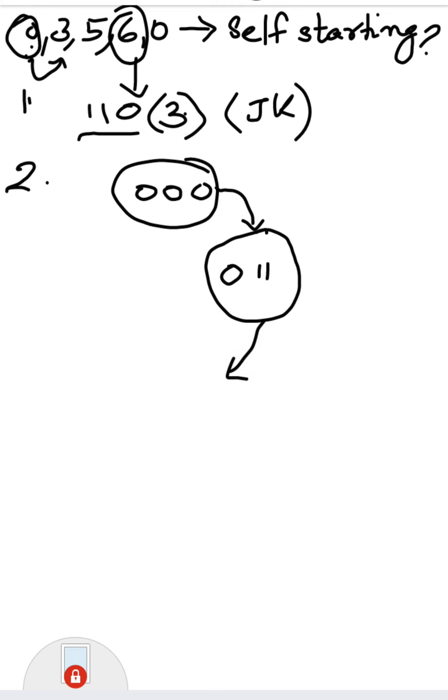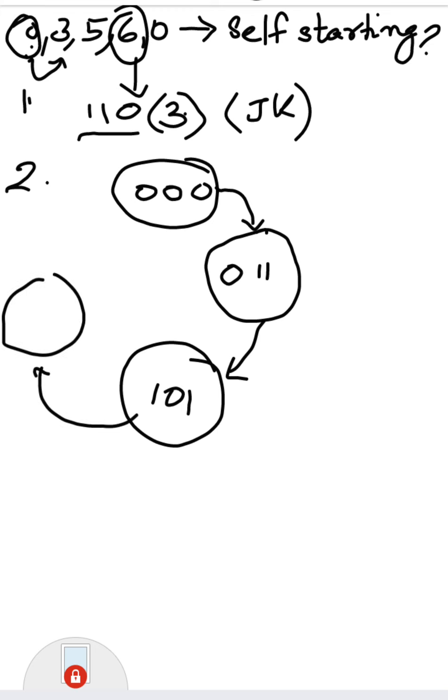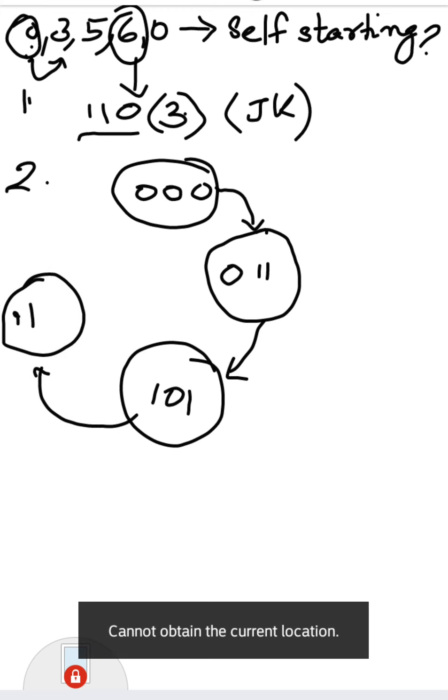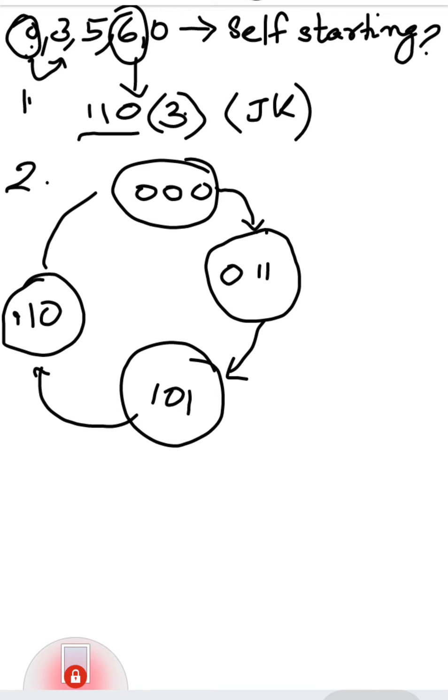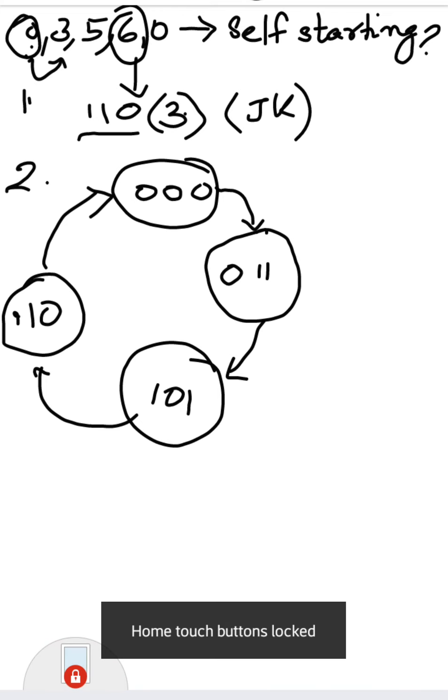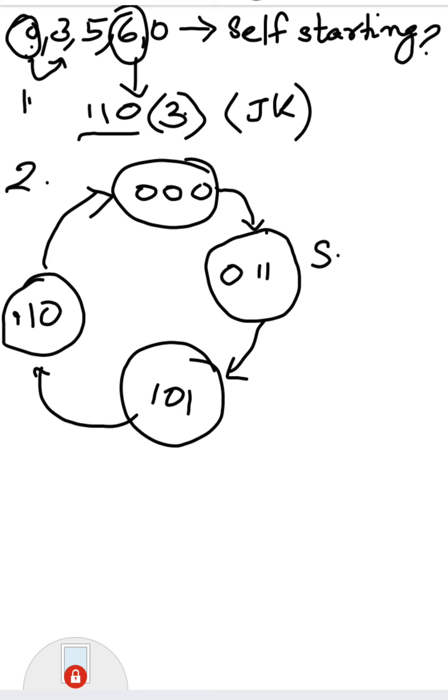Next clock pulse, it should go to 5, that is 1, 0, 1. In the next clock pulse, it should count 6, 1, 1, 0. The next clock, it should return back to 0, 0, 0. So this is a state diagram. Starting sequence is 0, then 3, this is 5, and this is 6, and then back to 0.